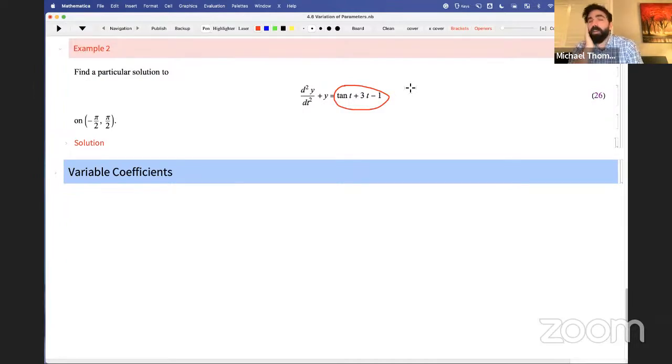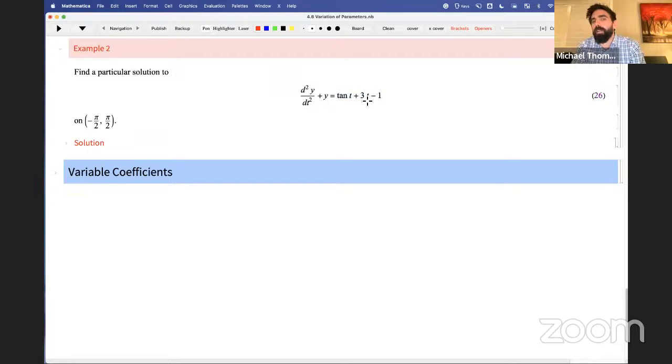In order to use undetermined coefficients, it has to be polynomials, exponentials, sines or cosines, right? And even if we included the superposition principle, it works on this building block. It works on that building block, but it doesn't work on that building block. So it's not going to work on the whole thing. So we can't really use undetermined coefficients on the entire thing.